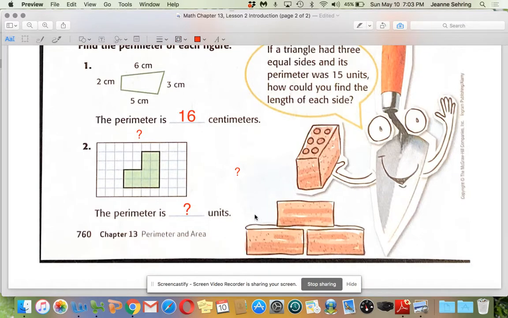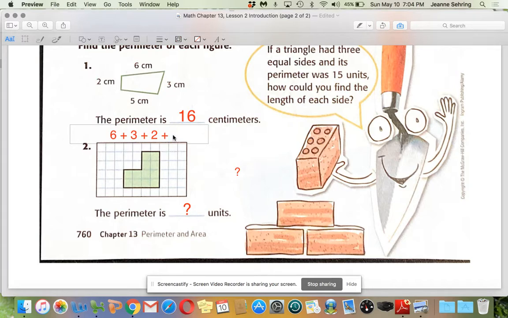Now look at this one down here. If I was to put this all in a number sentence, 6 plus 3 plus 2 plus the last side is 5.